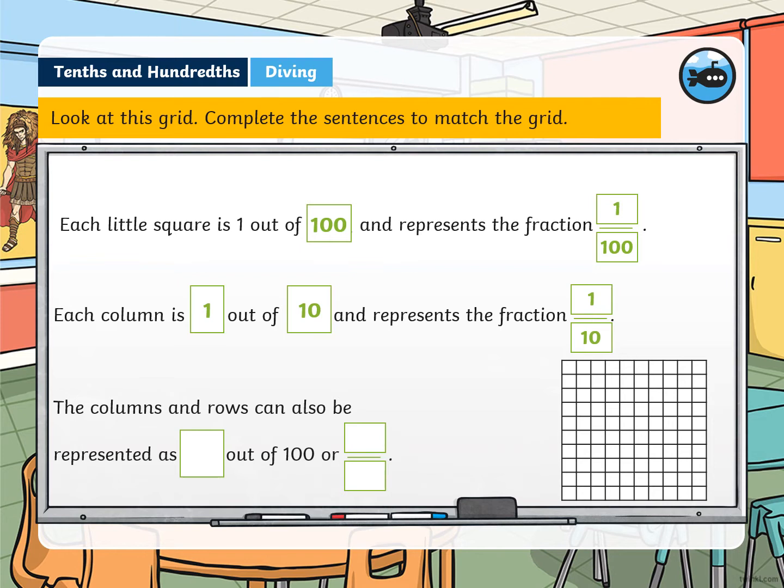The columns and rows can also be represented as 10 out of 100 because in each column or row there are 10 little squares. So I can have my column or row as being 1 out of 10 columns and rows, or they can represent 10 little squares out of 100. So that's 10 100ths.